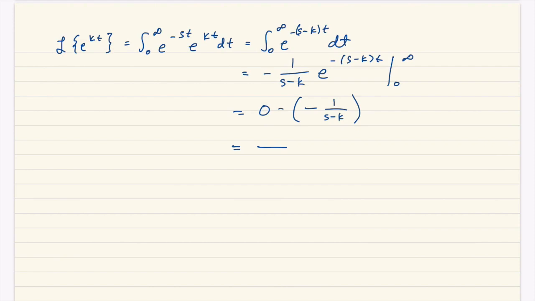So this is going to be 1 over s minus k. This only works, by the way, if s minus k is positive, or in other words, when s is greater than k. So that's the valid range for that Laplace transform.